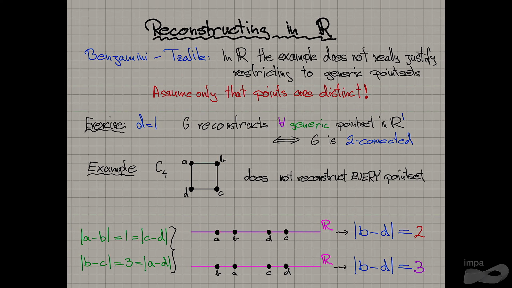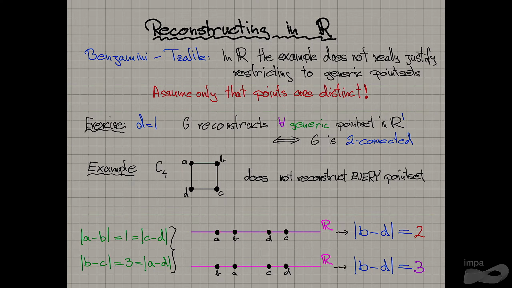Now, what we will talk about is reconstructing in R. And this, as far as I know, was initiated by Benjamini and Zalik not long ago. They were maybe motivated by the lack of obstruction we have in R to assume genericity of the point set.